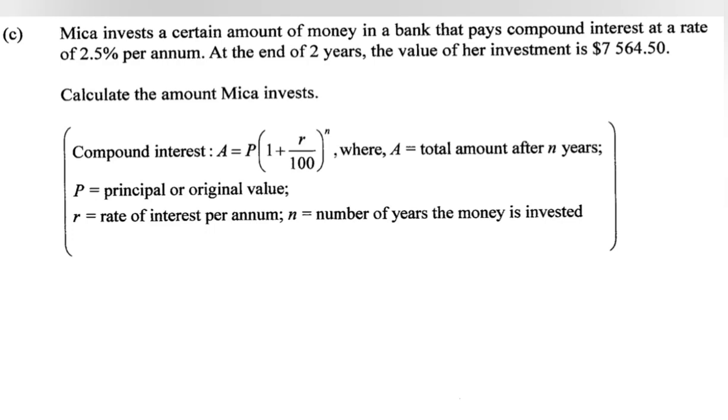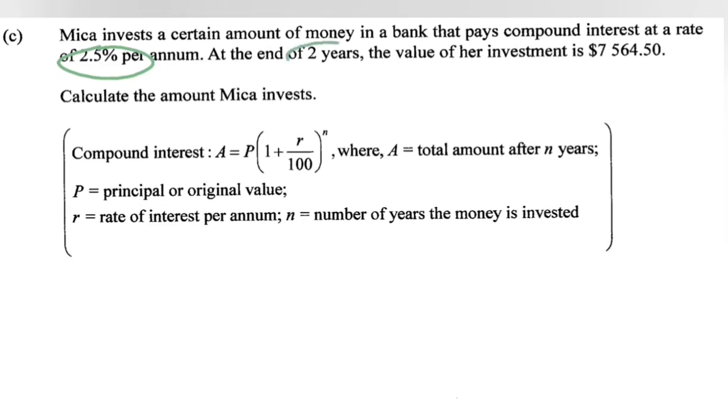All right, so let's highlight the important parts of this question. It says that the rate of interest was 2.5% per annum, and the money was invested for 2 years. And at the end of 2 years, she got $7,564.50. So that's the amount that she got at the end of it.